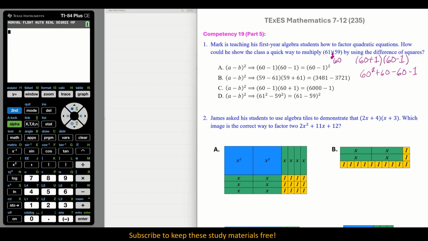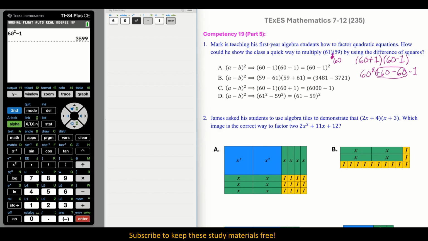So let's see what happens to that. Well, this is going to be 0. And then if we put this in our calculator, 60 squared minus 1.